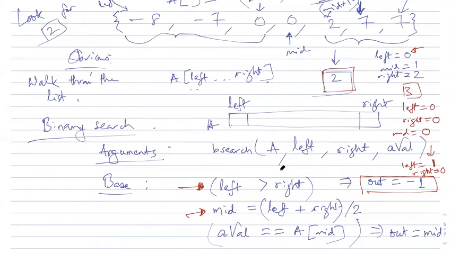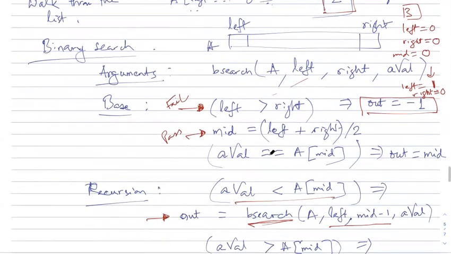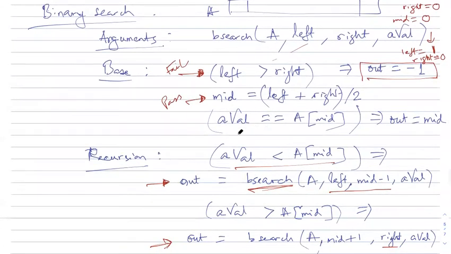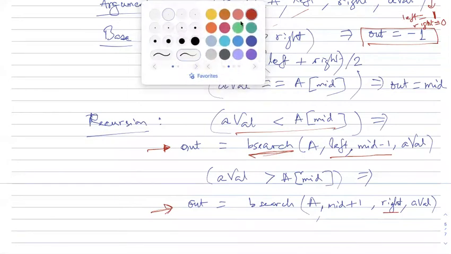And therefore you end up going out of range. So left becomes greater than right, and that becomes the exit. So this is the fail condition of the base case, and this is the pass condition. There are two kinds of exit conditions when it comes to binary search. One is corresponding to the fail, another is corresponding to the pass.